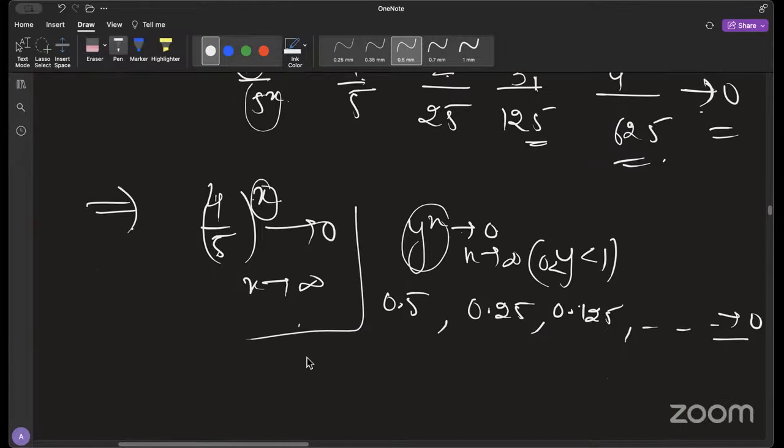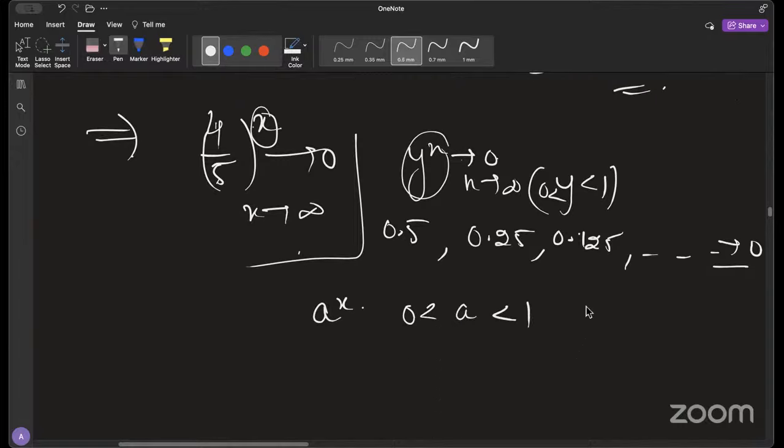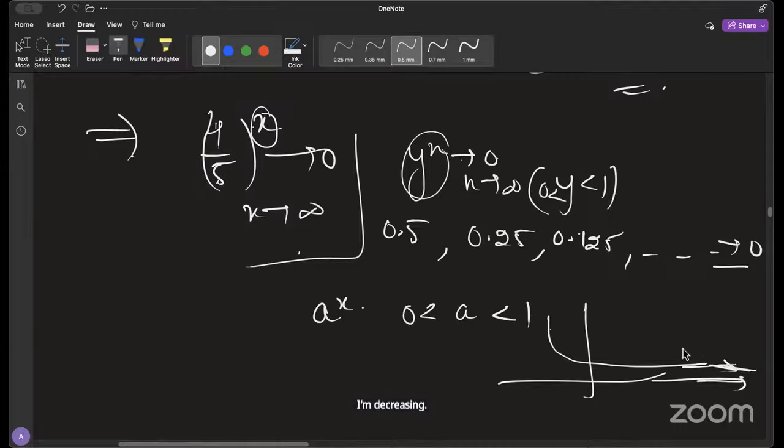And actually, in exponential functions, you must have done this. A to the power x, when a is less than 1, the graph looks like this, right? A decreasing function. As your x tends to infinity, as you move in this direction along the positive x-axis, f(x) keeps decreasing.